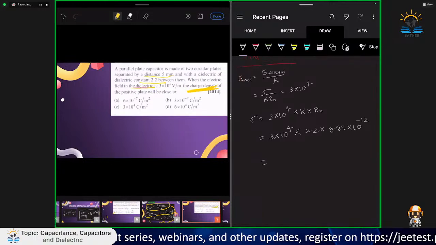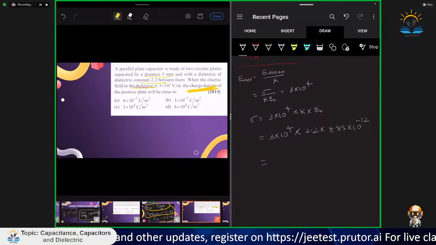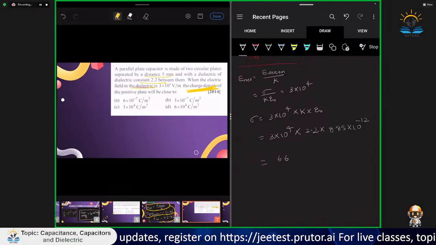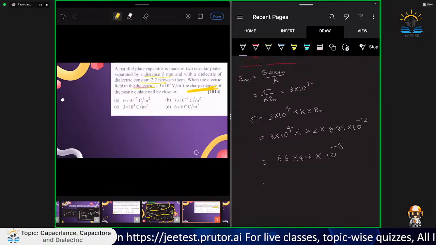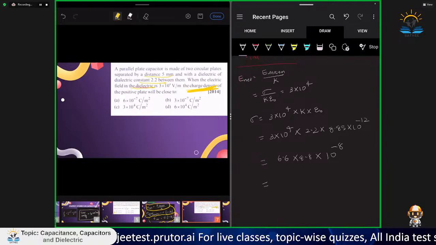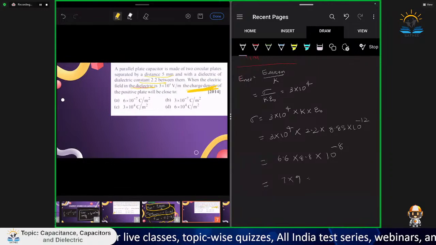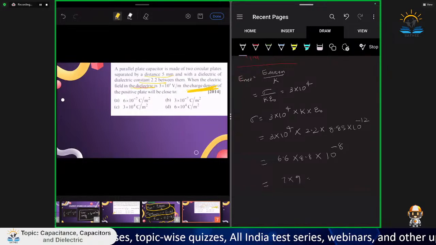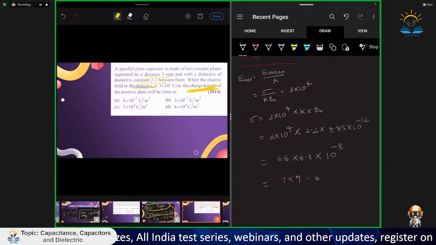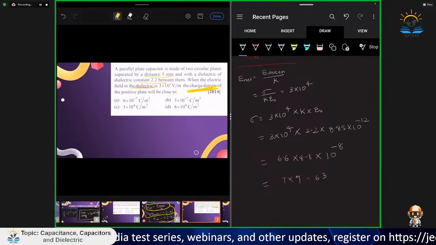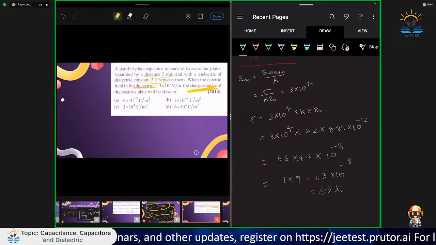Let's solve this question. 3 into 2.2 will be 6.6. 6.6 into 8.8 into 10 raised to minus 12. Approximately 7 into 9, that is 63. So almost 6.3 into 10 raised to minus 7.